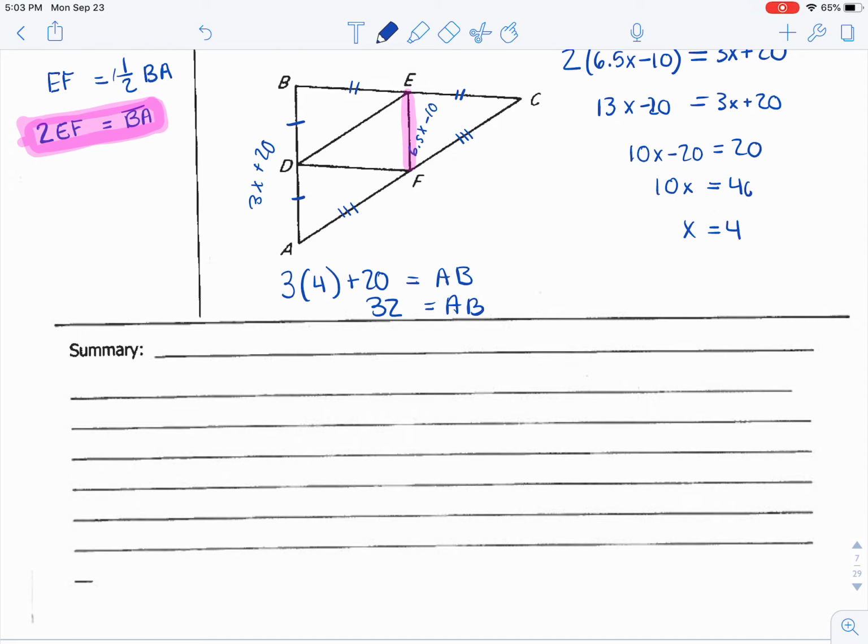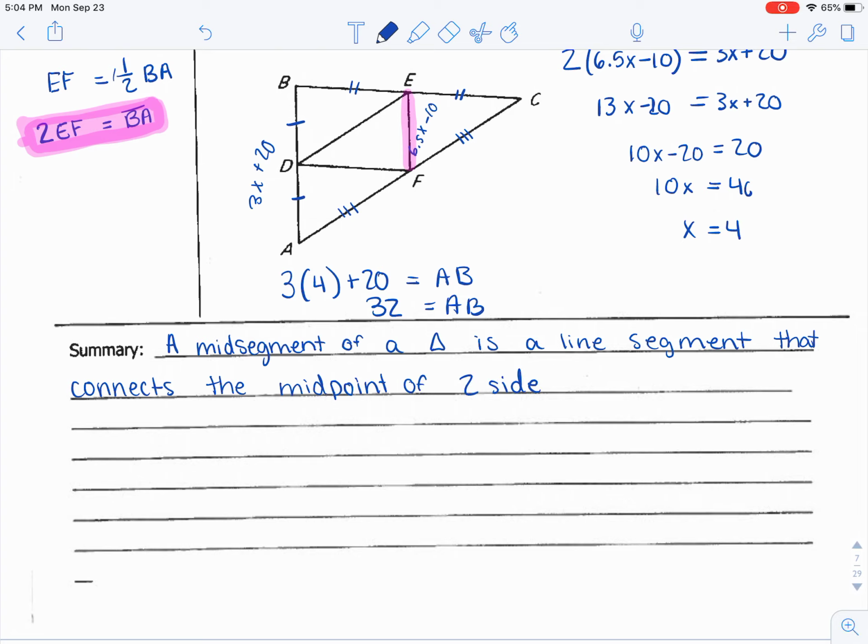Let's write our summary. A midsegment of a triangle is a line segment that connects the midpoints of two sides.